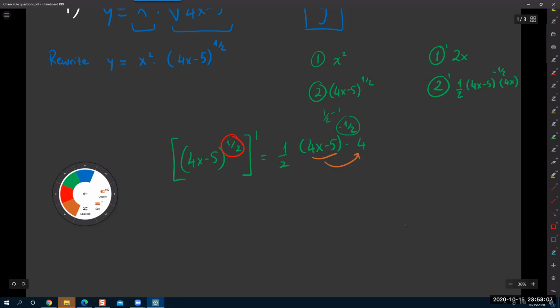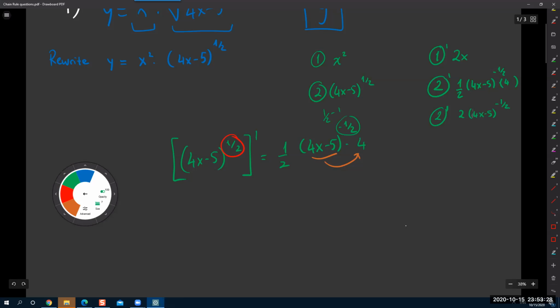I assume right now you know how to take the derivative using the chain rule. All righty, let's simplify that. Of course, let's not leave it like this. What is that going to be? 2, because 1/2 times 4x. Oh, that's not 4x, that's 4. My bad. That's going to be 2 times 4x minus 5 to the negative 1/2.